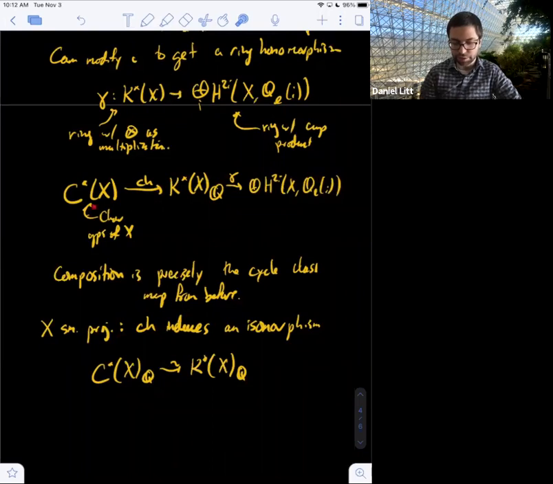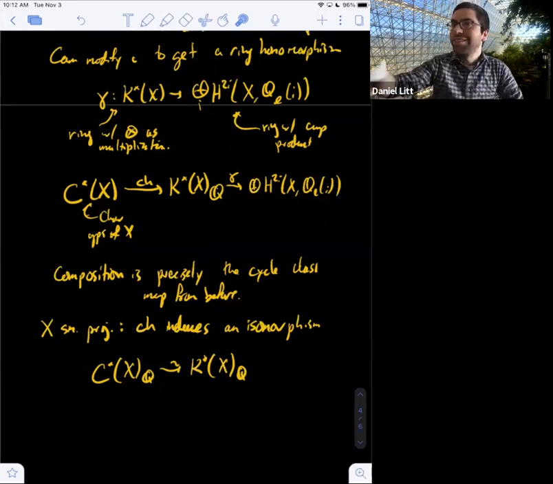For example, to check that this composition is equal to the cycle class map from before, one way to do this is to work this out for... excuse me. Well, maybe let me not give too many details about that. But this is sort of what I wanted to say about Chern classes. Sorry, that was a little bit awkward. Are there any questions about that?